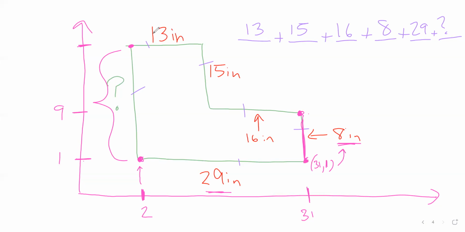Which also says that this point and this point are on the same 9, which means right here is actually on 9 as well, which means, this is fun, that this distance from here to here is actually 8 inches.